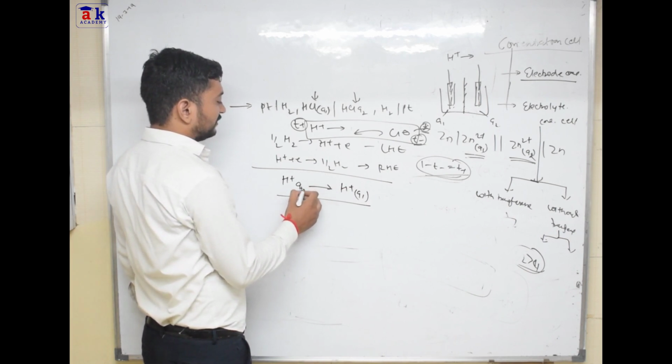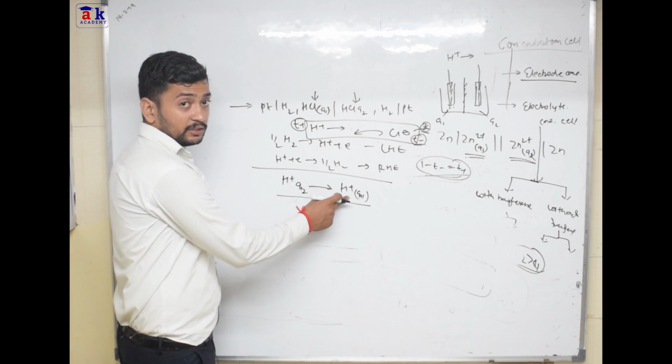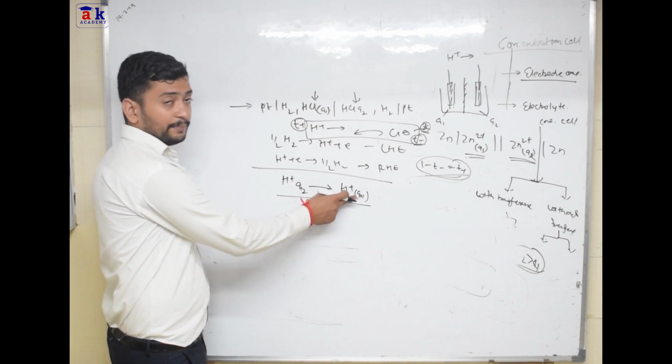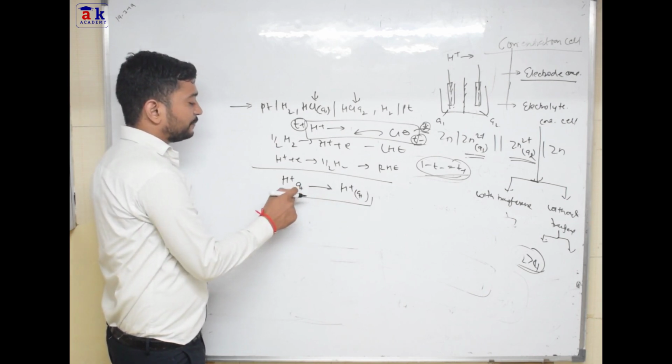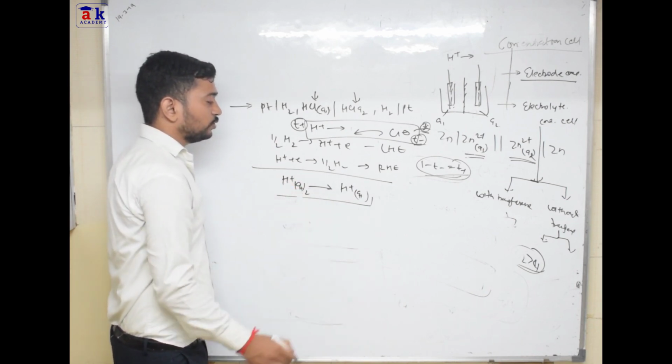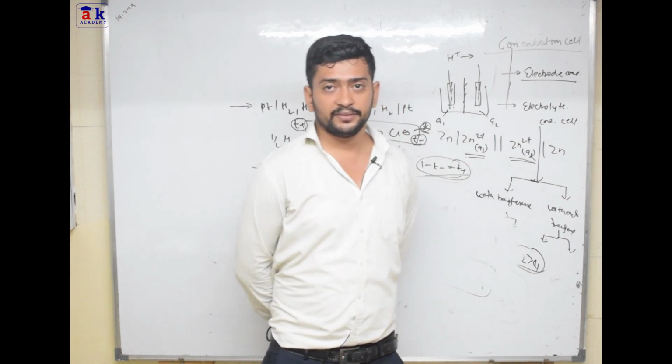More precisely, let's write it as A plus. Sorry, not A minus, it will also become A plus. So it is H plus A plus 1 and this is H plus A plus 2, like this only. What will happen after this one?